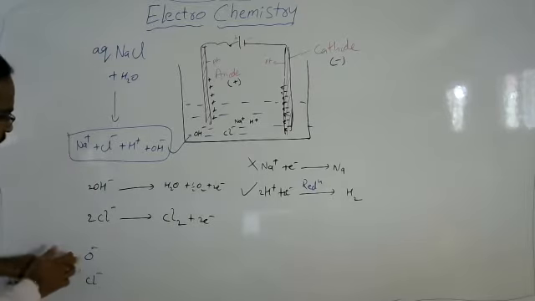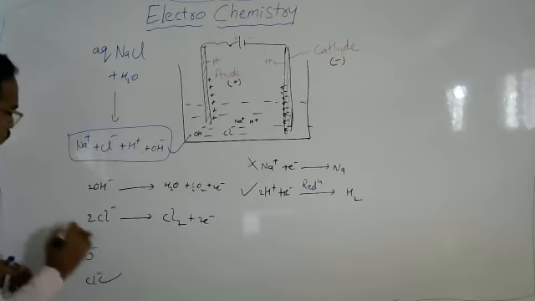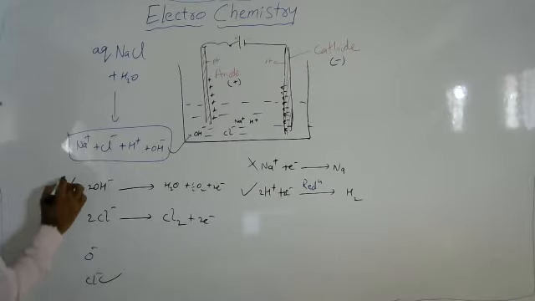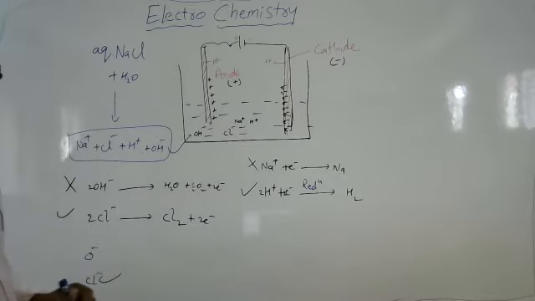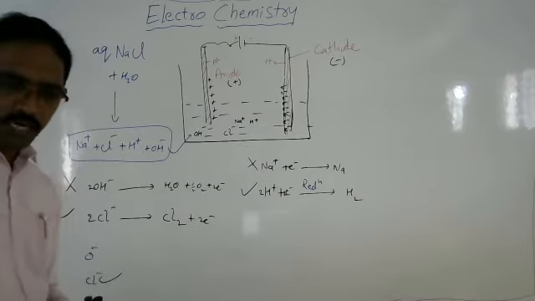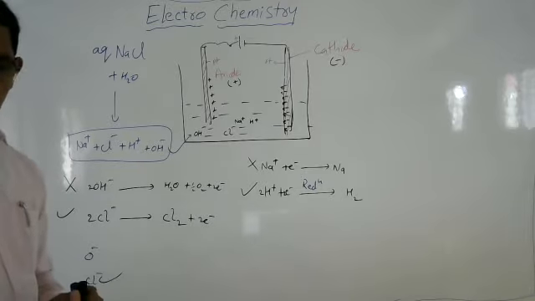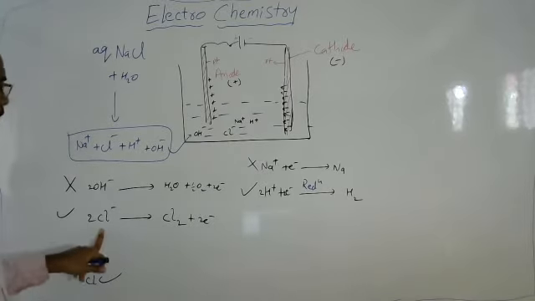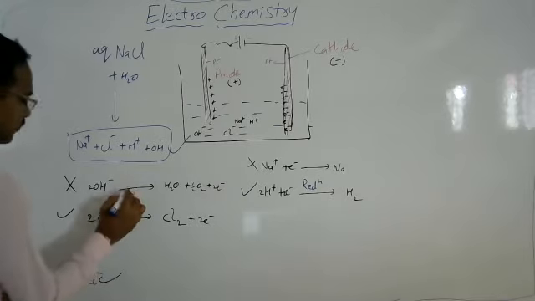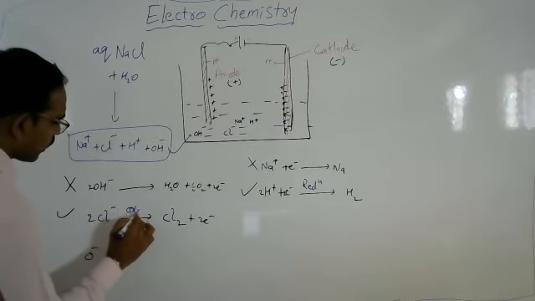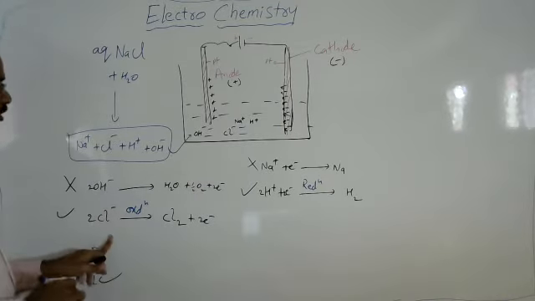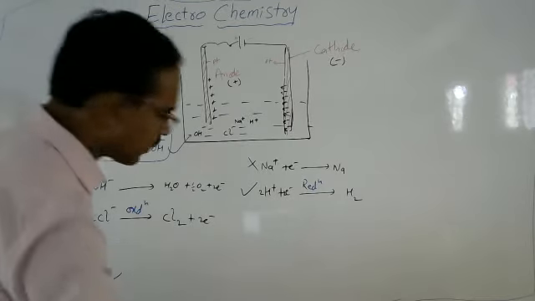This is holding strongly, so it won't lose electrons; the other is losing electrons. So this reaction will take place. This reaction cannot. Got it? So finally, both are oxidation reactions only, but the above reaction cannot take place. The below one has more feasibility.